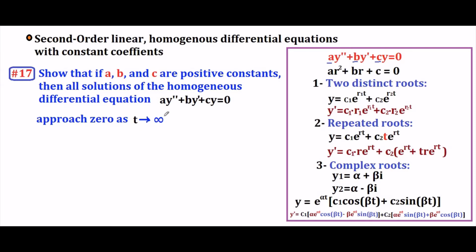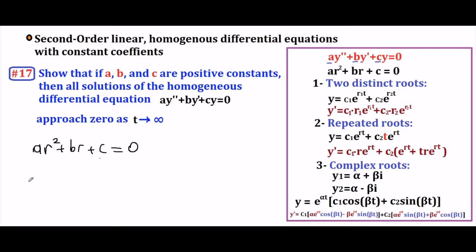Let's assume that our equation has ar squared plus br plus c equal to 0 as our characteristic equation. We are given that a, b, and c are positive constants.